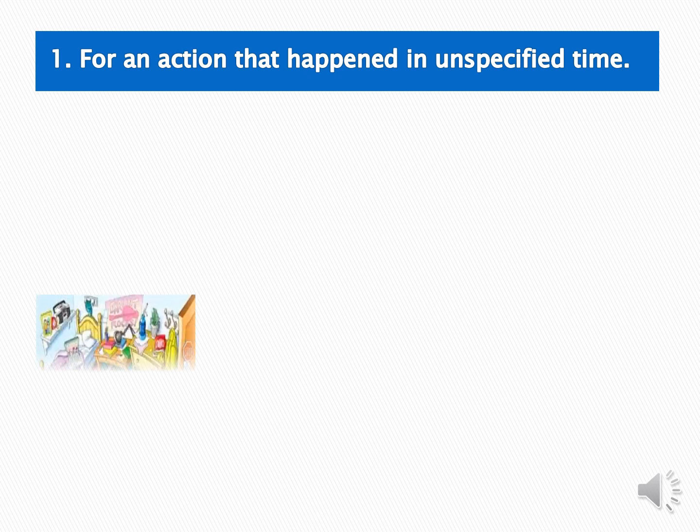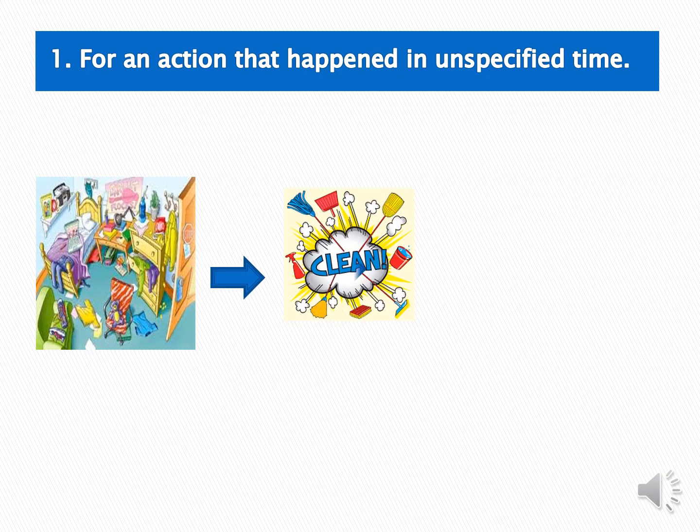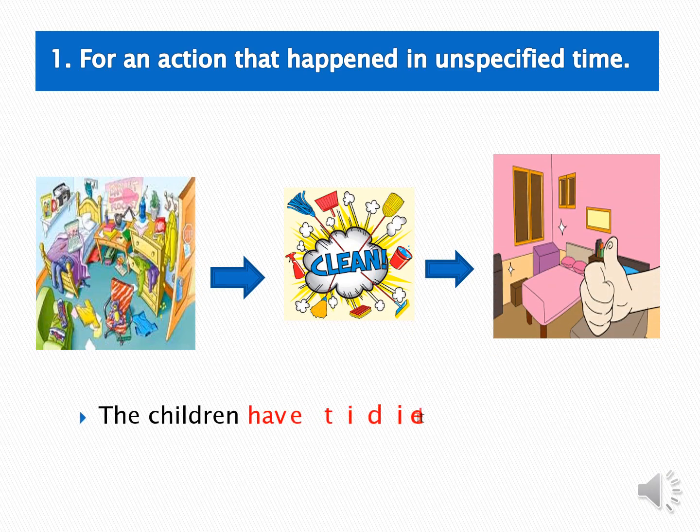Next, let's talk about the function of present perfect tense. First, it is used for an action that happened in unspecified time. So the time when doing the action is not clear. For example, the children have tidied their room.